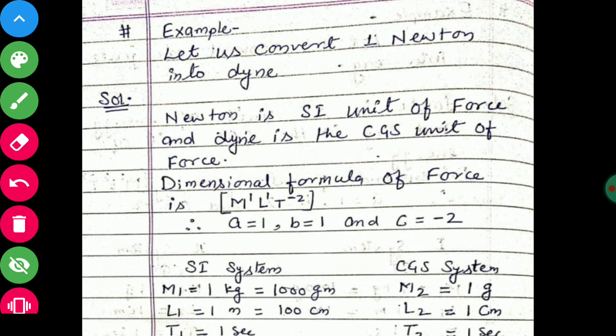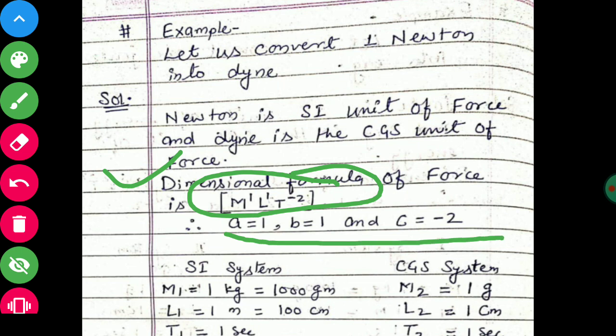Now our first step is to examine the physical quantity and write the dimensional formula. The physical quantity here is force, so we can write the dimensional formula of force: M1 L1 T raised to power minus 2. Once we write the dimensional formula, we can write the dimensions: A equals 1, B equals 1 and C equals minus 2.